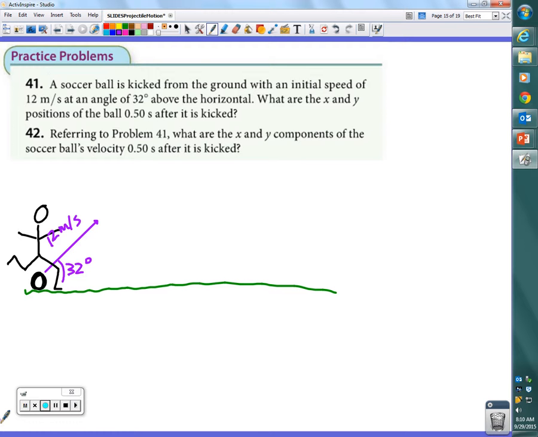If we're going to go up and to the right at the same time, we've got to go up and to the right. Okay? Meaning that in this problem, we can do this.